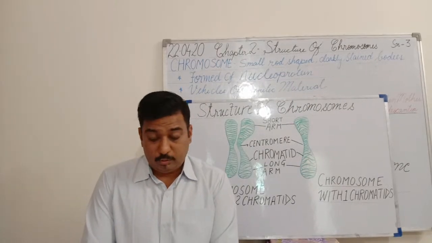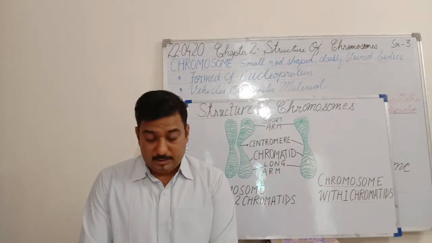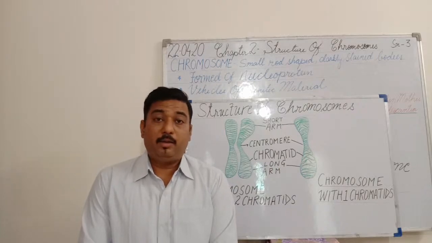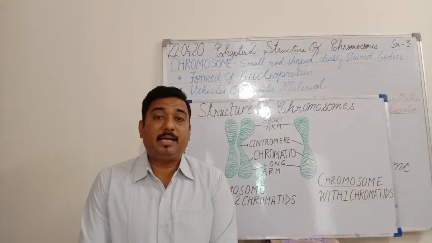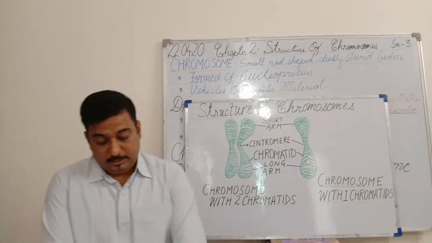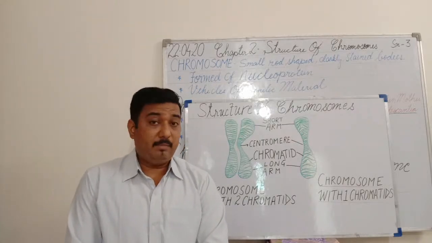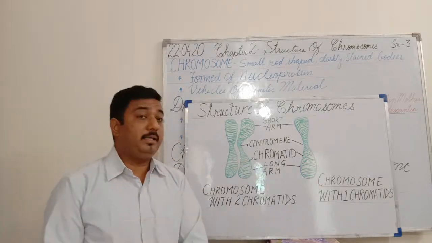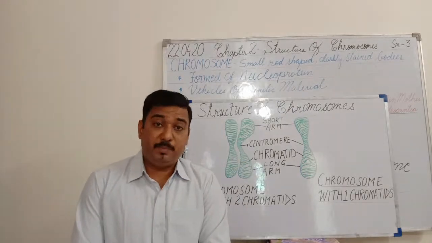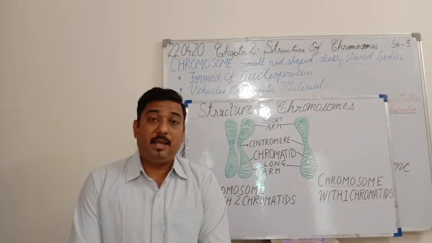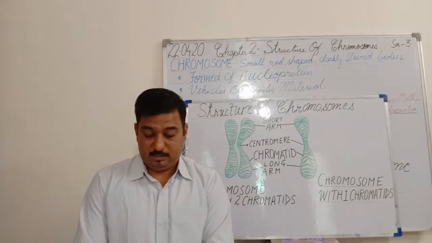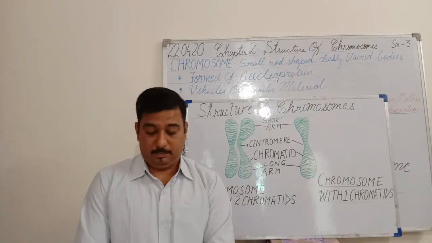It is also termed the primary constriction region, or by the name kinetochore. It is the point of attachment between the chromatids and the spindle fibers during the cell division process, as it was explained in the previous class.